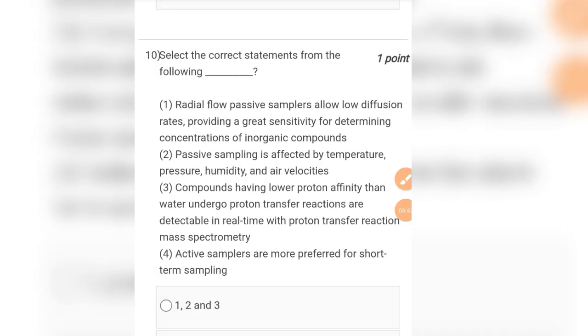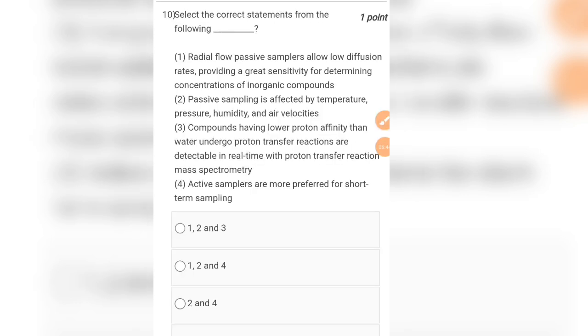So the last question is: select the correct statements from the following. Statement 1 is radial flow passive samplers allow low diffusion rates, providing a great sensitivity for determining concentrations of inorganic compounds.